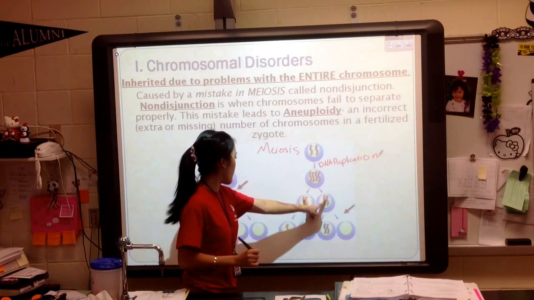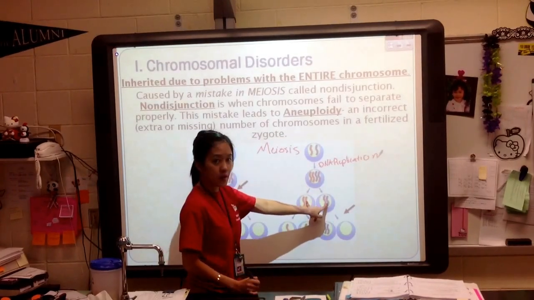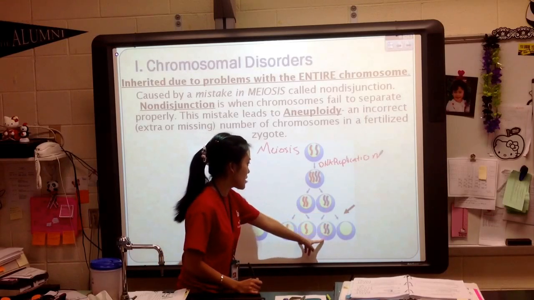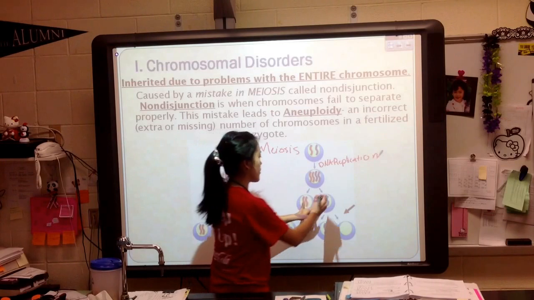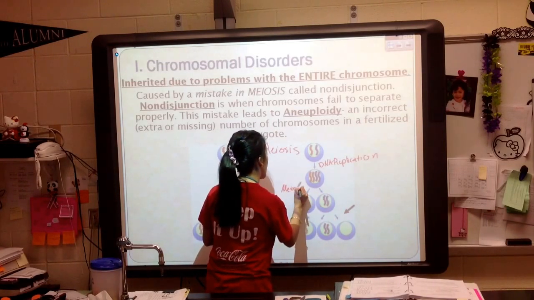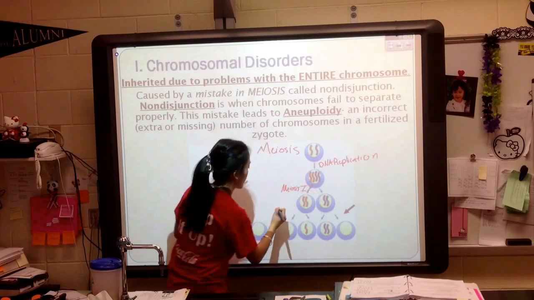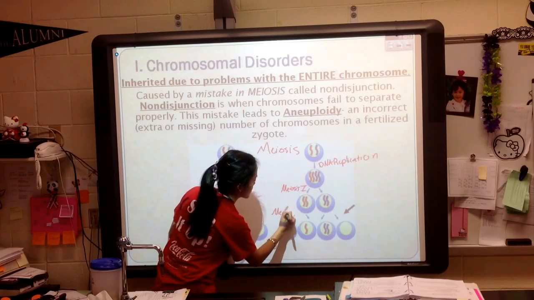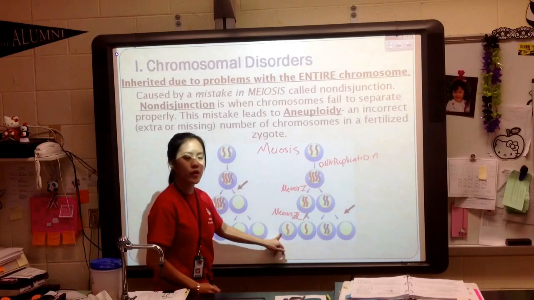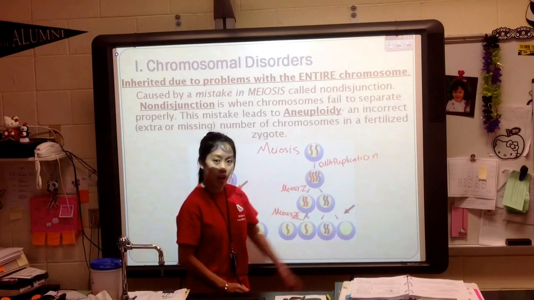And then here you have the chromosomes separating, going through meiosis. And then here you have your chromosomes separating again. So remember that this happens 2 times. You have meiosis 1, and this is a good time for review, and you have meiosis 2. And at the end, how many chromosomes should you have in each daughter cell?